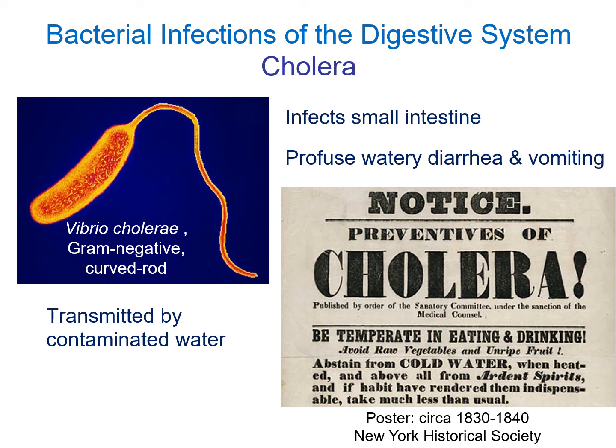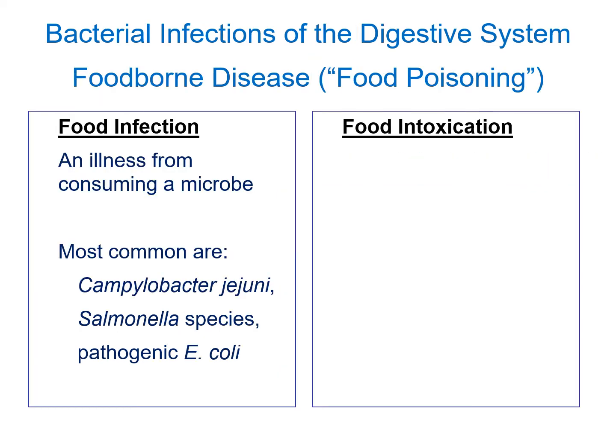So the lumen, the space inside the intestine, fills up with a lot of salt, and that draws water out of the epithelium of the intestine. So instead of producing solid, drier feces, you produce a lot of fluid and you lose that as quite voluminous diarrhea.